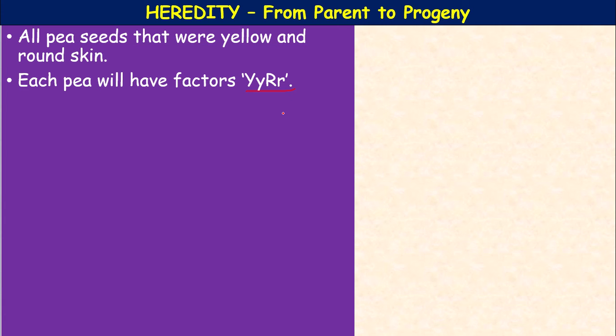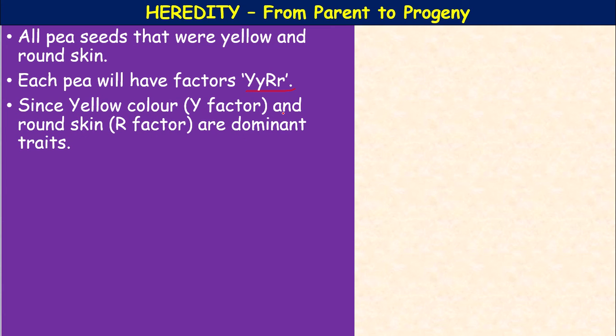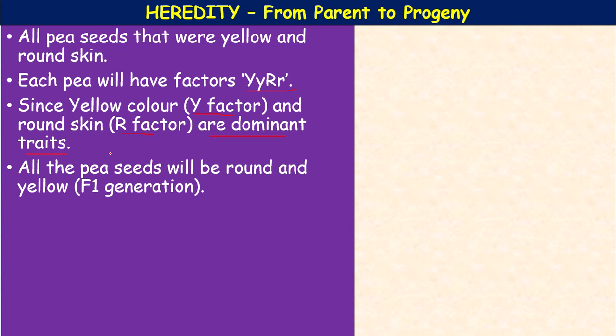The capital Y represents yellow and small y represents green, capital R represents round and small r represents wrinkled. Since the yellow color, capital Y factor, and the round skin, capital R factor, are dominant traits, all the pea plants will be round and yellow in the F1 generation, the first filial generation.